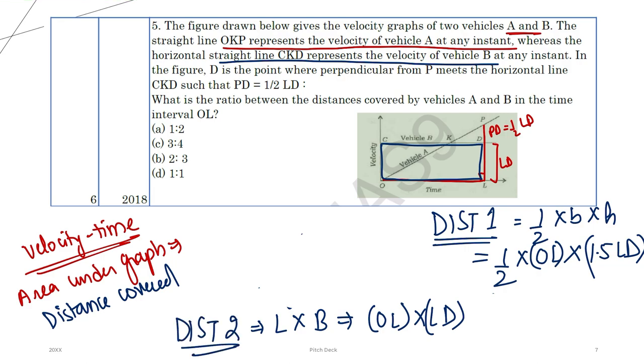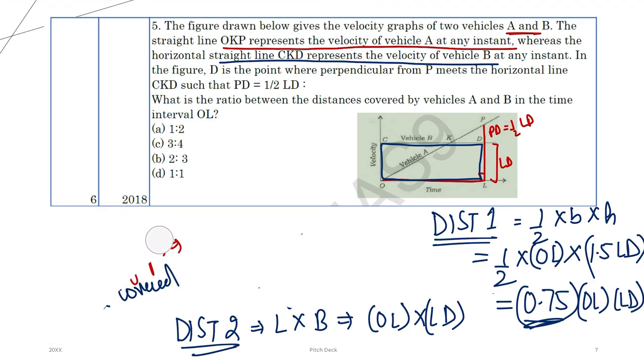So, if you solve, this is half of 1.5 of LD. I did 1.5 into half, so this is 0.75 into OL into LD. Now the concept is clear that area gives the distance covered by that person. So, we have two distances.